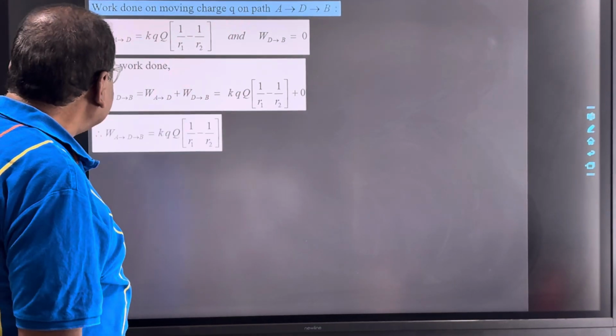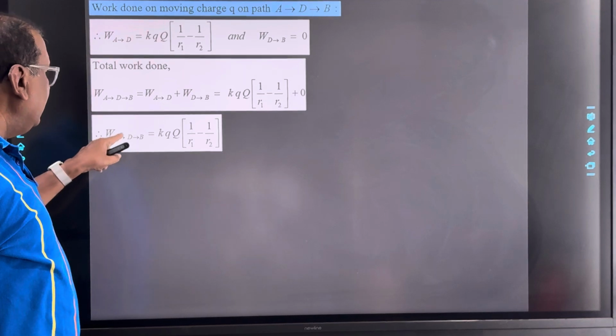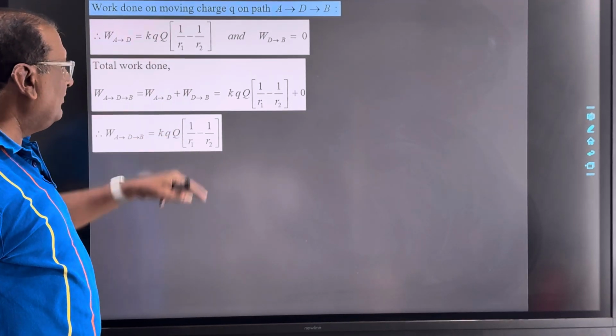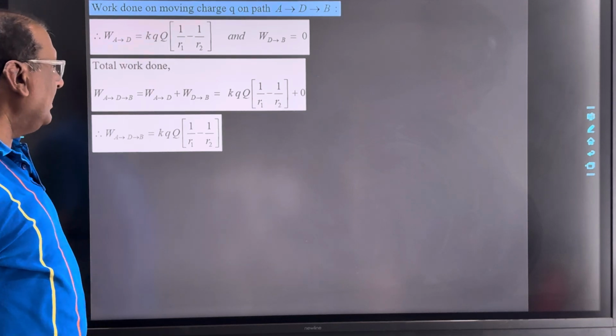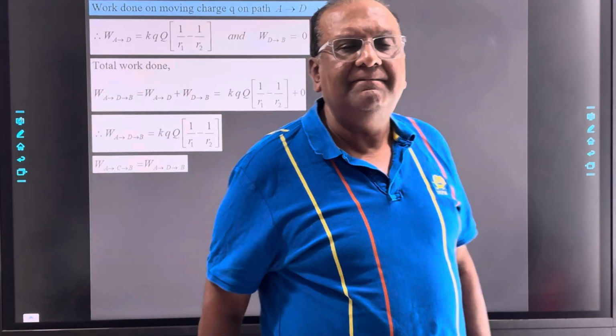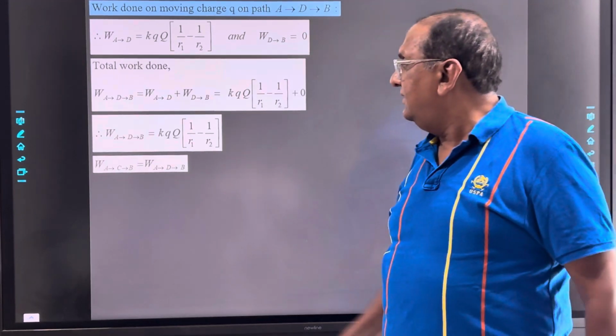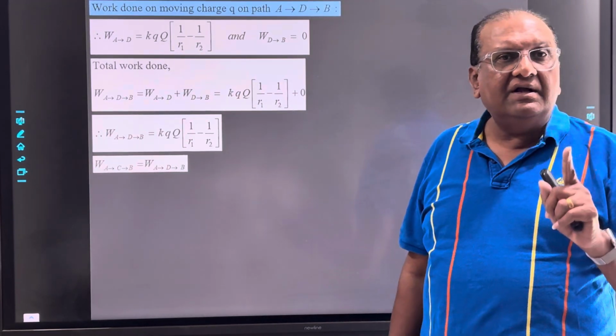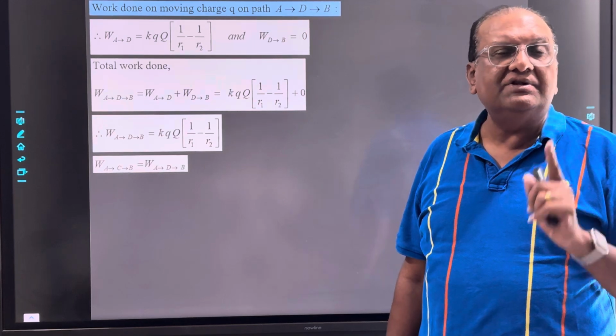So again we can see the work done on the path A to D to B is kQq into 1 upon R1 minus 1 upon R2. It implies that on both paths the work done is the same. So the work done does not depend on the path.